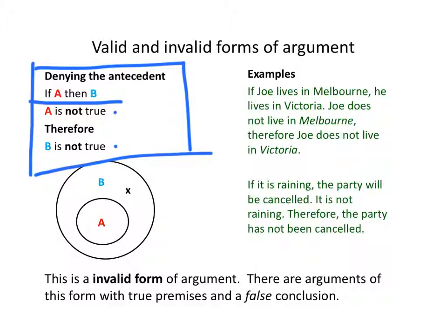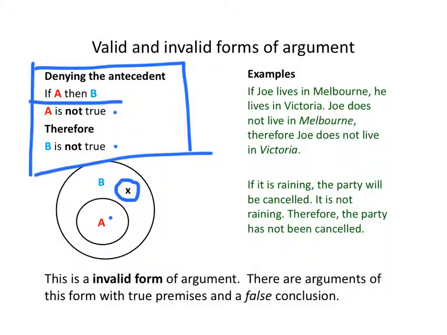But you can see, perhaps from the diagram, why that's not necessarily valid. Again, the two circles represent the first premise, if A then B. If a point's in A, then it's automatically in B. But that doesn't mean that if a point is not in A, it's therefore not in B, because a point could be here.